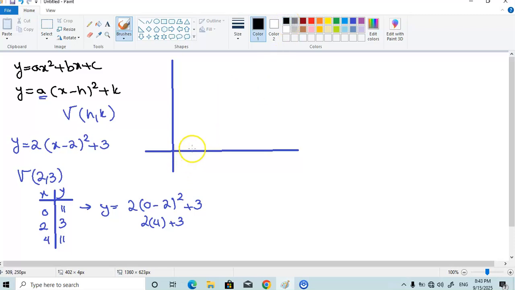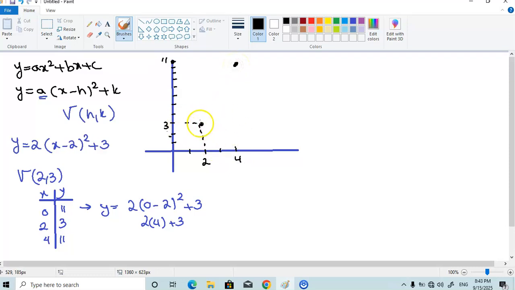So it's going to be 0 and 11, 2 and 3, and then it's going to be 4 and 11.